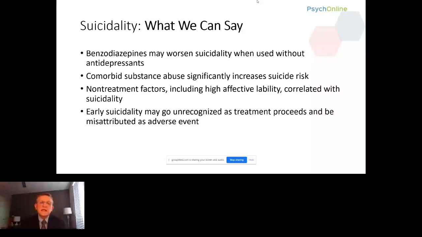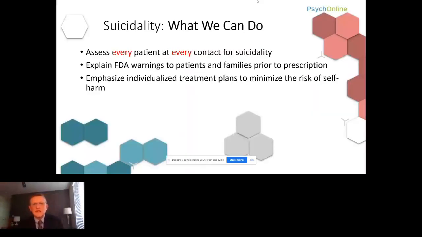Early suicidality may go unrecognized as treatment proceeds and be misattributed as an adverse event. This happens if not everybody prescribing antidepressants is asking every patient at every visit about suicidality. So that may lead to a misunderstanding of what's an adverse event and what was a pre-existing condition.